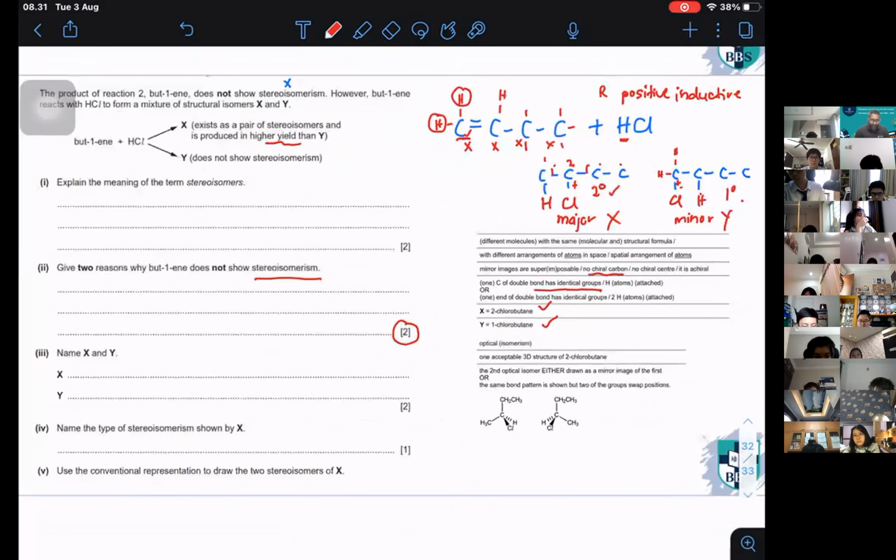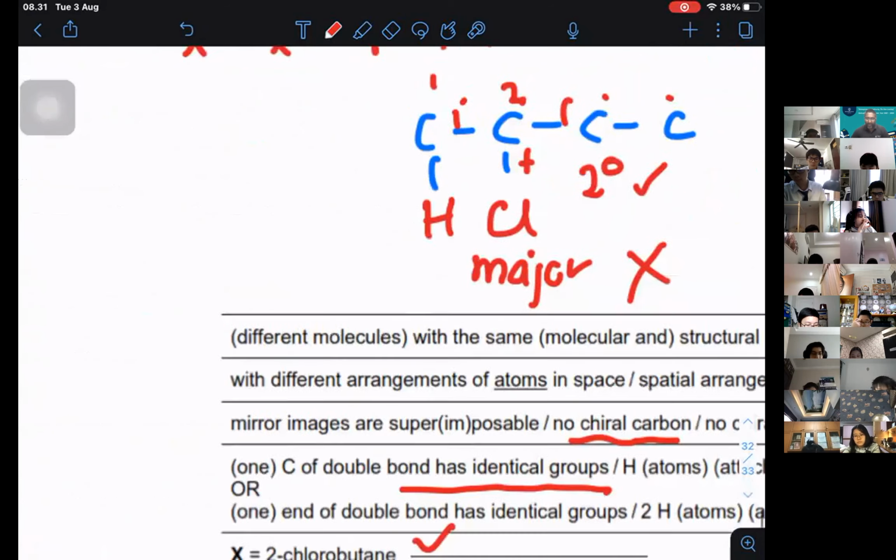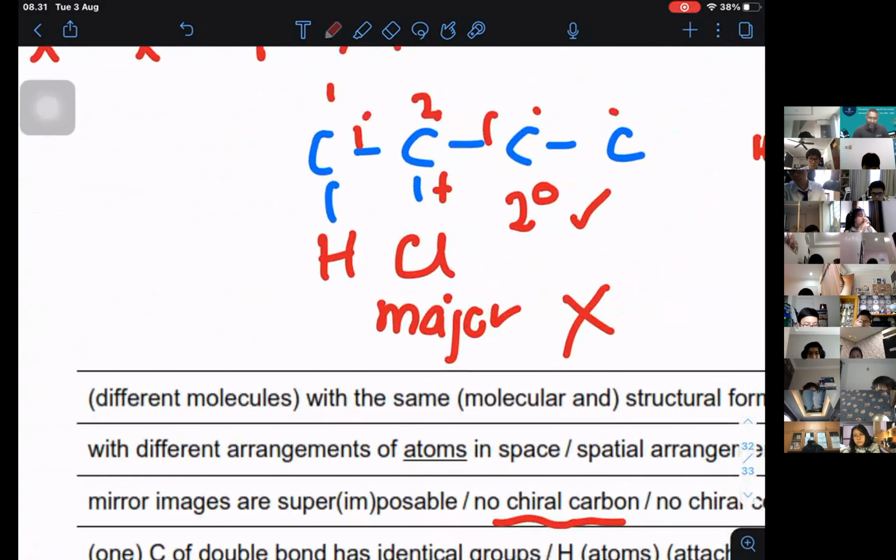What type of stereoisomer? The type of stereoisomer that they show, they say that it exists as a pair of stereoisomers. So what kind of stereoisomer is going to be existing in X? You need to identify. There is no double bond, so automatically no cis and trans. So you identify which one is going to be the chiral center.